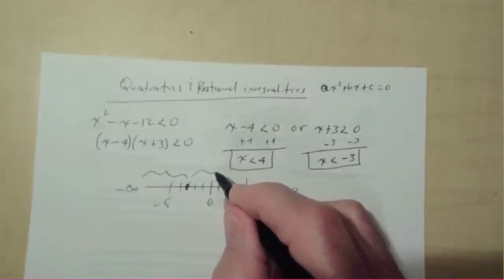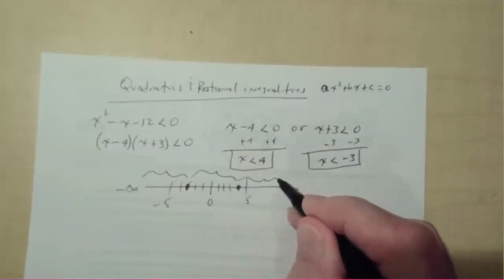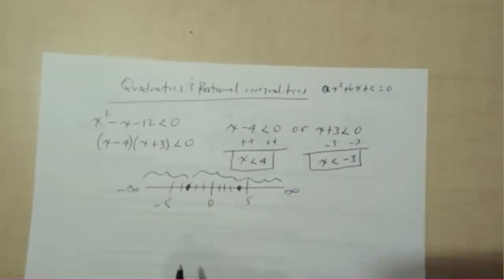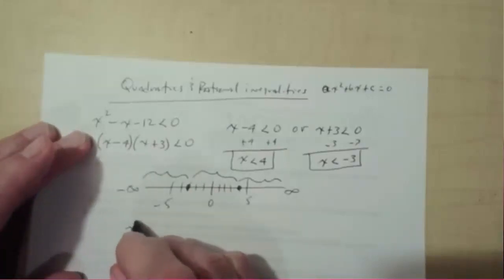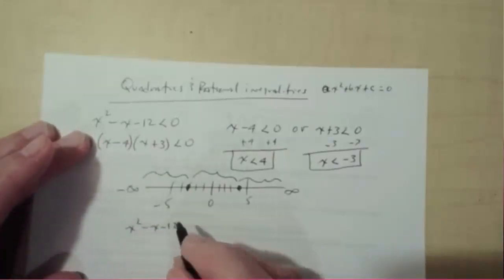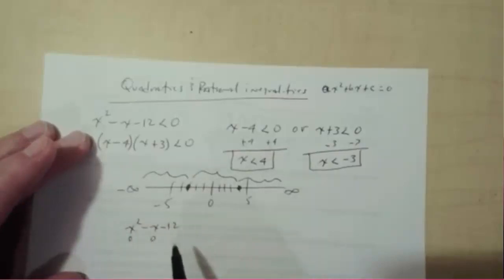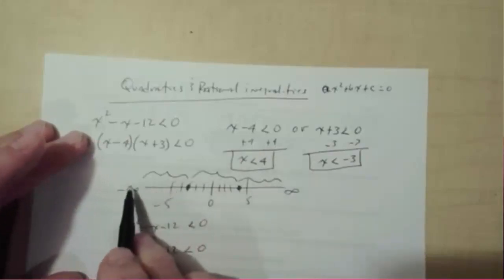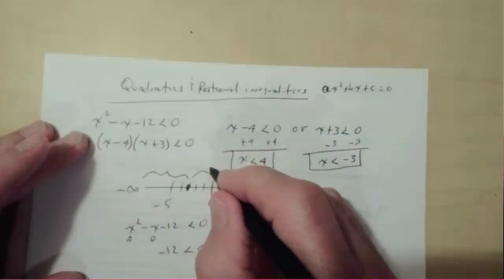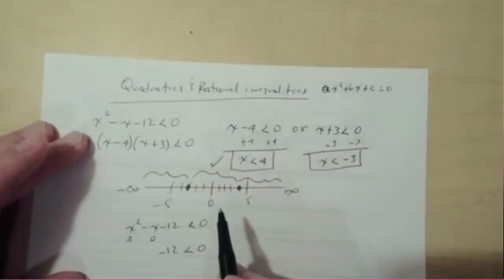Let's take 0 again because it's easy. We have x squared minus x minus 12, less than 0. Putting 0 in for x, 0 minus 0 minus 12 is negative 12. Is it less than 0? Yes. So we know that this area is correct.